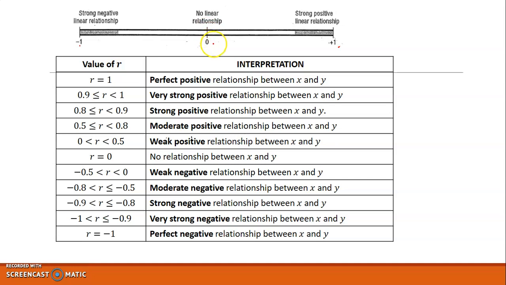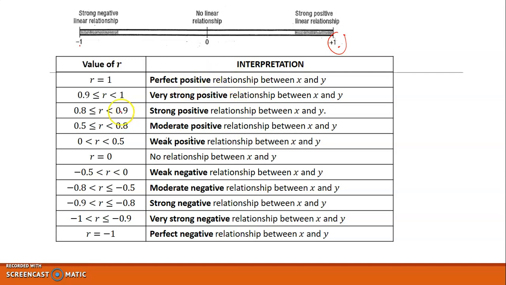When the correlation coefficient is 0, there is no linear relationship, no correlation between the two variables. When the value of R is +1, the two variables have a perfect positive relationship.